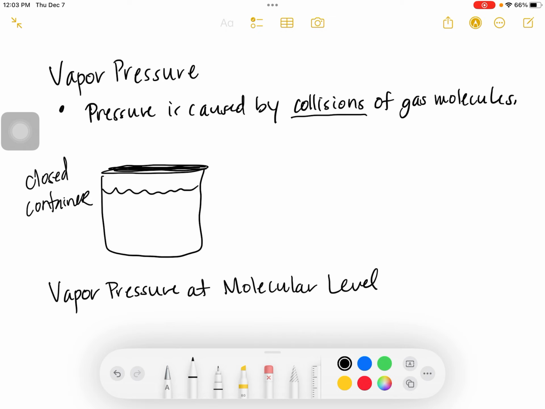And so what happens is we have these liquid particles right in the container, which eventually will gain enough energy from the air, from the desk that they're sitting on, whatever, to evaporate. And so those liquid particles will evaporate and turn into gas particles. They're stuck inside the container because it's closed. There's a lid on it. And then those gas particles collide with each other and the walls of the container, creating a pressure. And that pressure is called vapor pressure.